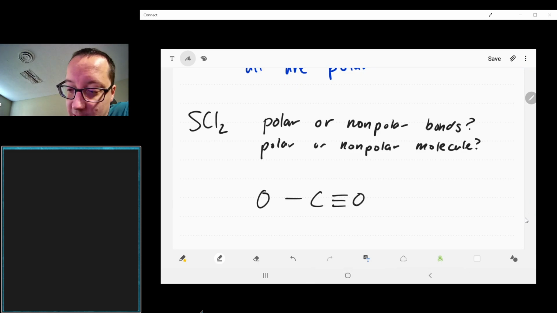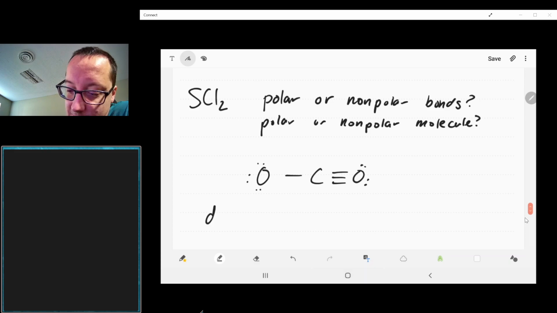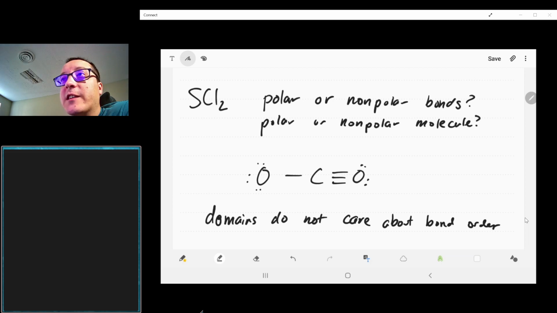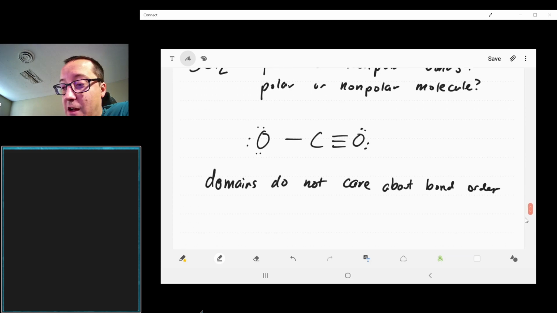That was one technical way of looking at it. Remember that domains do not care about the bond order. They don't care if it's a single, double, or triple bond. So even if carbon dioxide were to look like this, it doesn't matter. We only look at what is on this central atom. So this would still be nonpolar overall.